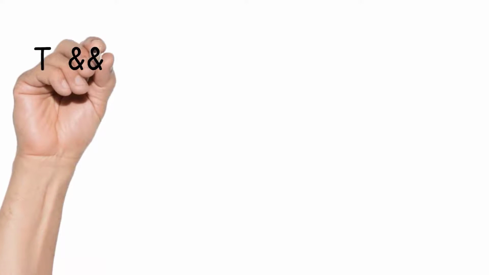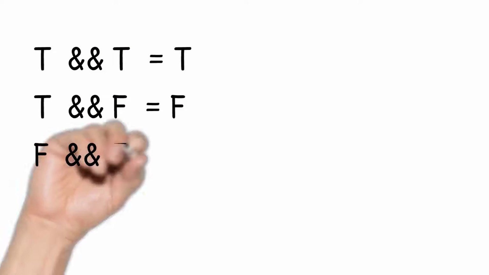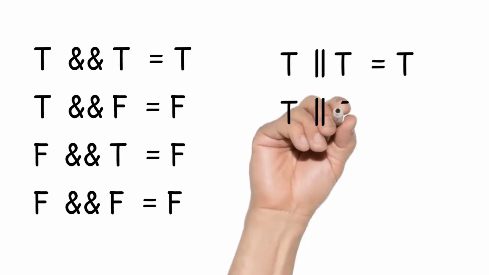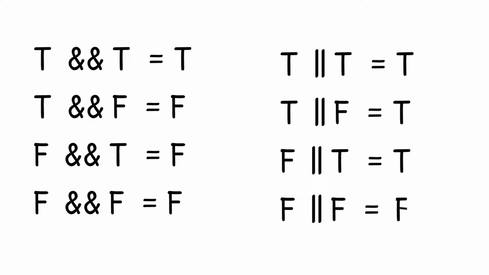Here is a little exercise to understand how the logical and and or evaluate and how they work. As you can see, for and to be true, both sides have to be true. Whereas for an or sign, as long as one side is true, the whole statement will hold true.